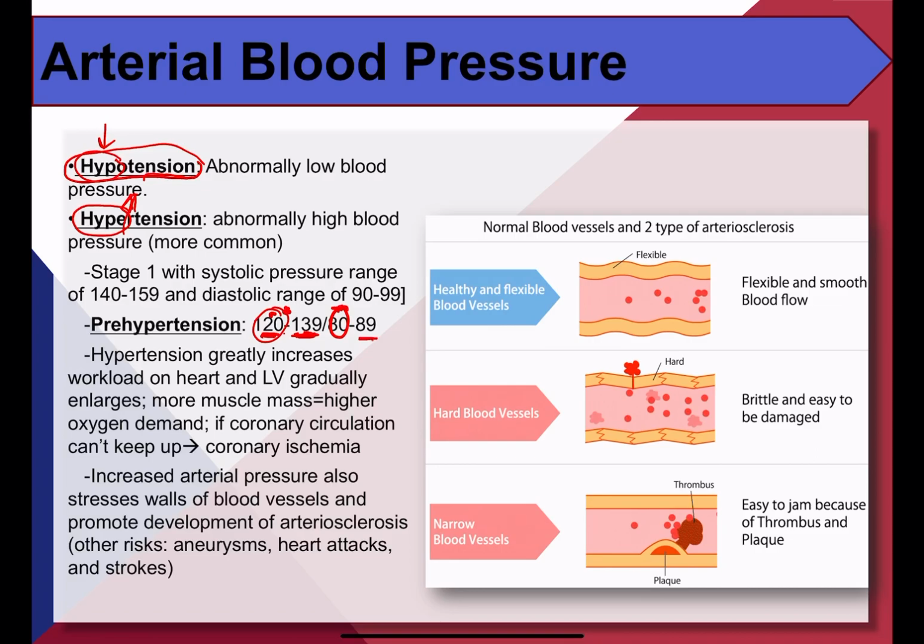Now, keep in mind that we are not talking about a random time of the day that you happen to measure your blood pressure and somehow it was pretty high, maybe around 135, and all of a sudden you are diagnosed with pre-hypertension. Because sometimes during different times of the day, our blood pressure will fluctuate. For example, when we're stressed or have sympathetic activation kicking in, that will definitely increase our blood pressure.